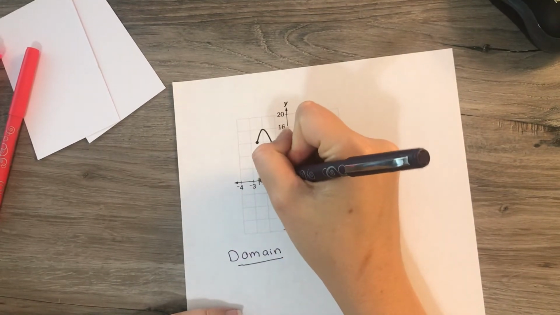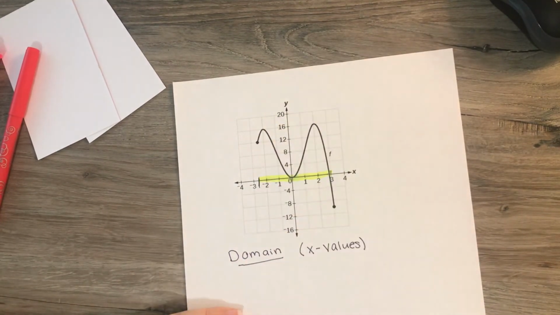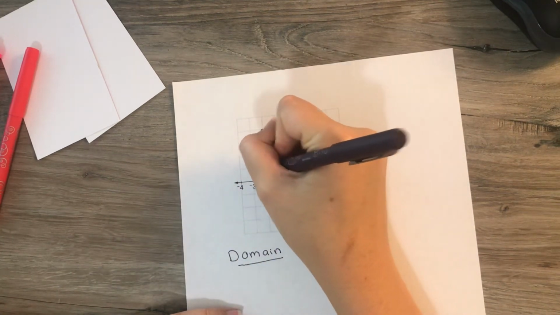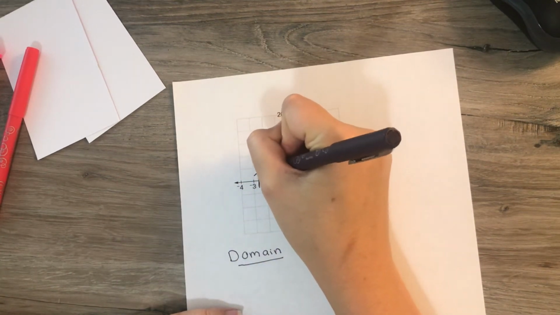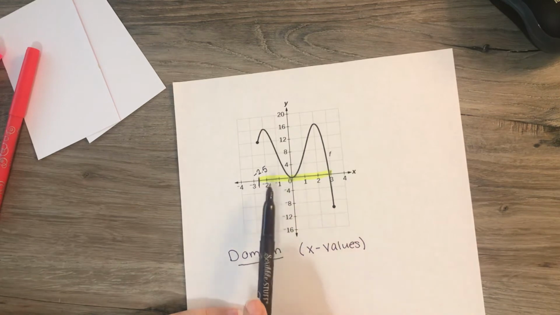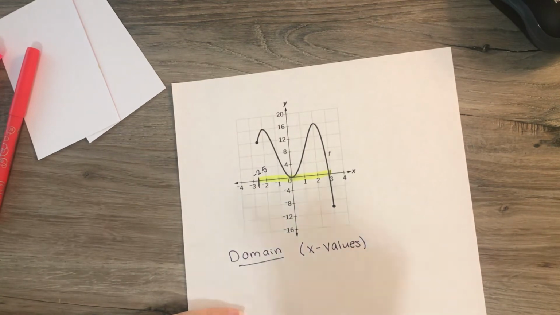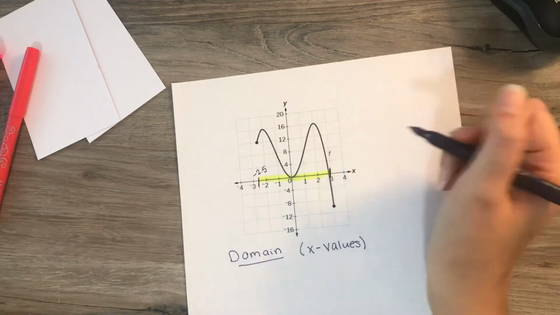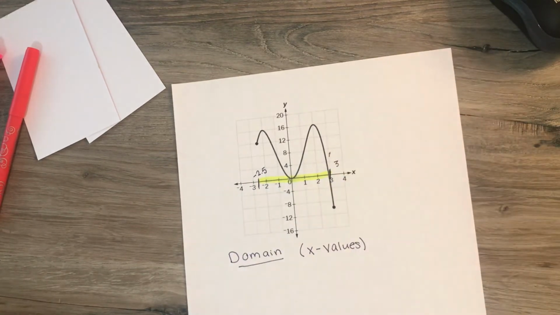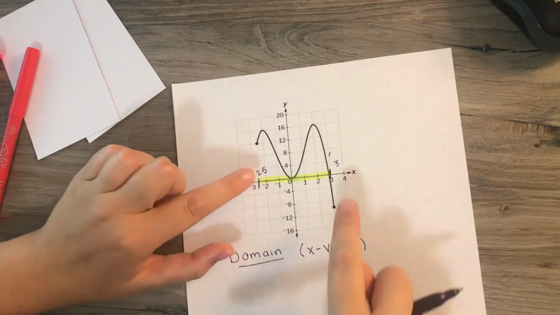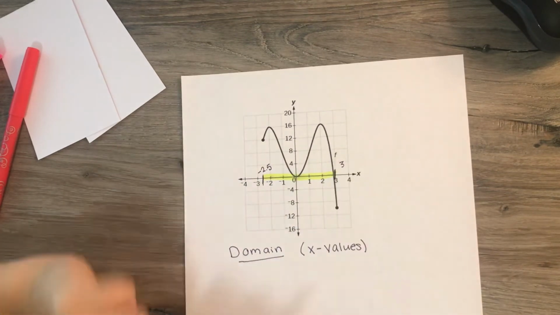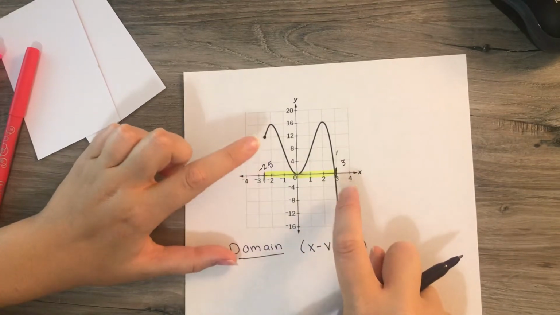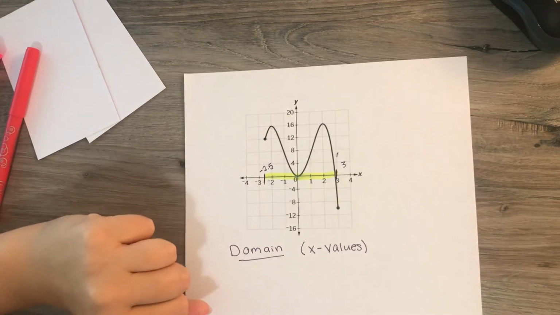Okay, so right here is the end of that line. And that x value is negative 2.5 because it's in between negative 2 and negative 3. My line ends right here, which is 3. So I know that my domain is going to be from negative 2 to 3 because those are the x values at the end of the graph.